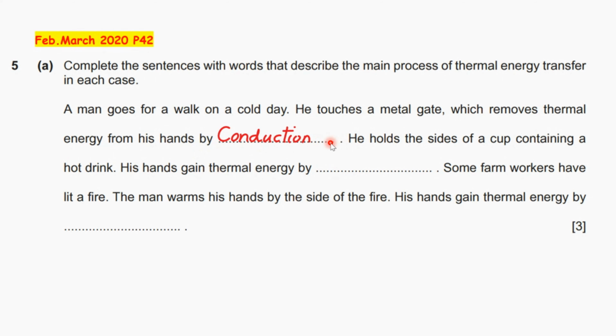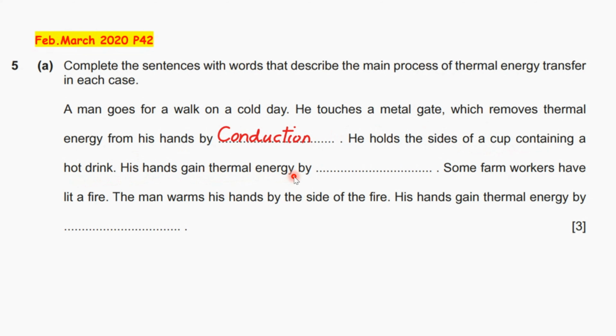So during conduction, by the way, the free electrons move from one to the other, from the hot region to the cooler one. He holds the sides of a cup containing a hot drink. His hands gain thermal energy.